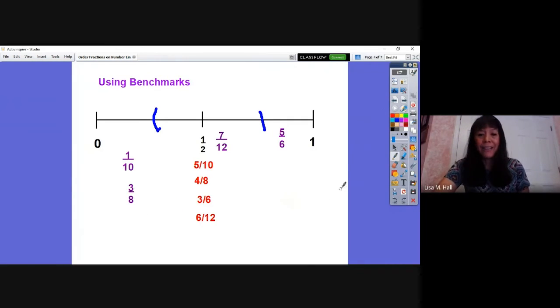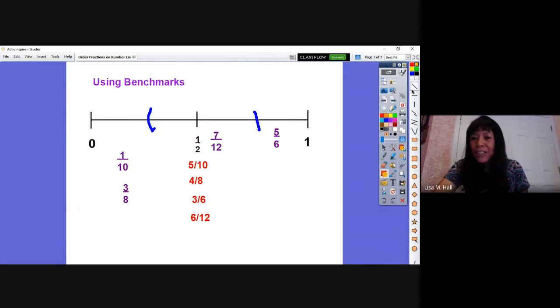There we go. Okay. What I was trying to do here was go into my vertical here. All right. So I'm going to cut my fourths into halves. 1, 2, 3, 4, 5, 6, 7. I have my 8 pieces.